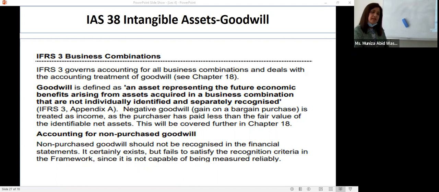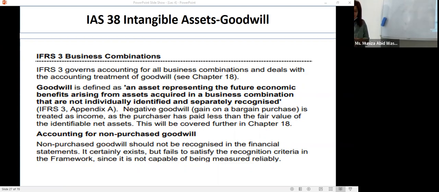Negative goodwill. Sometimes, students, negative goodwill arises. What is negative goodwill? Can anyone tell me the formula of calculating the goodwill which we have discussed in F3? The formula of the goodwill. How do we calculate goodwill as per IFRS 3? Who can tell me?